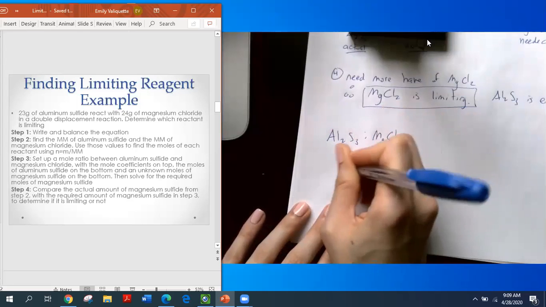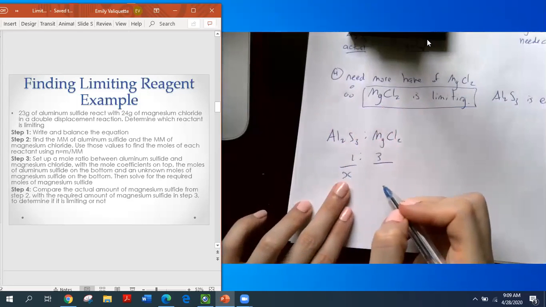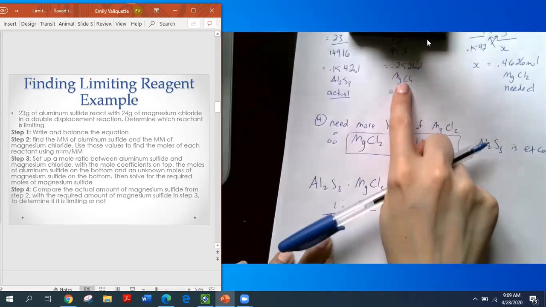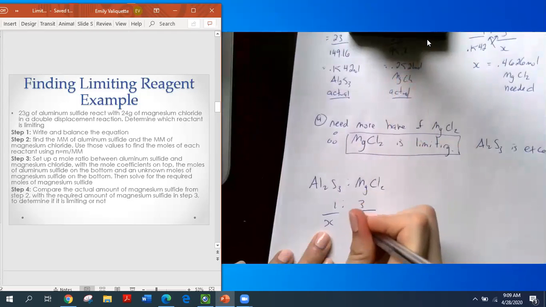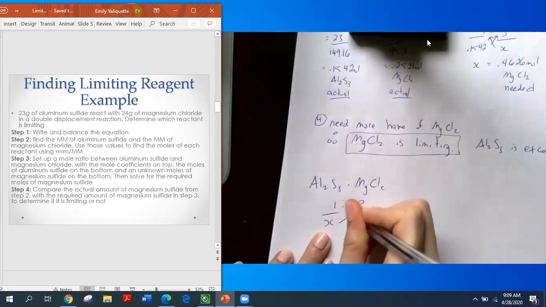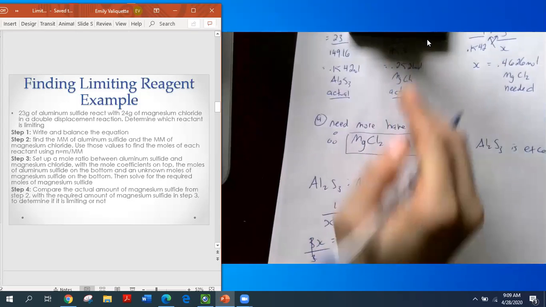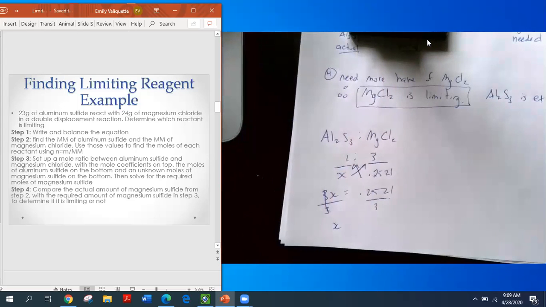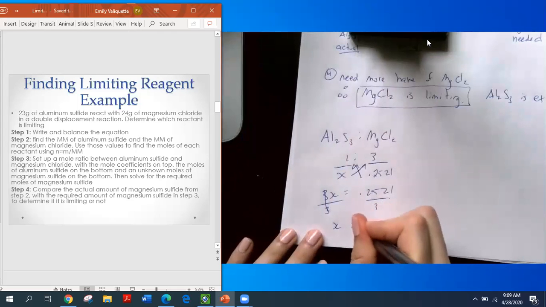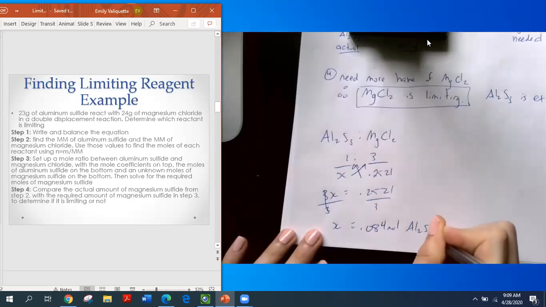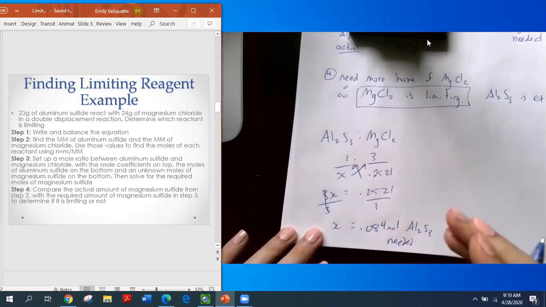Again, it would still be a 1:3 ratio, but if I had put the X under aluminum sulfide and plugged in the actual moles of magnesium chloride, I would have had 3x equals 0.2521, divide by 3. 0.2521 divided by 3 is 0.084 moles of aluminum sulfide needed.